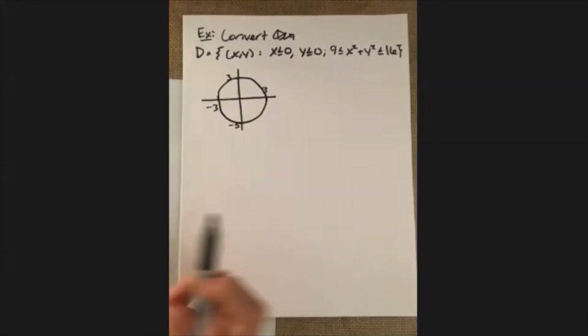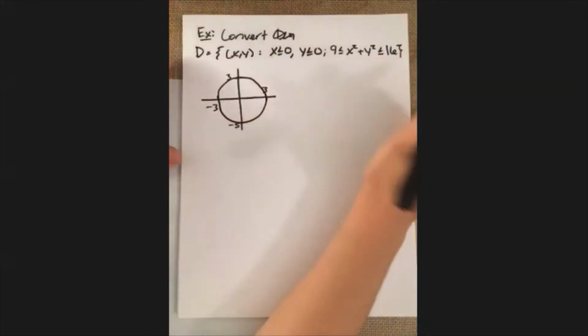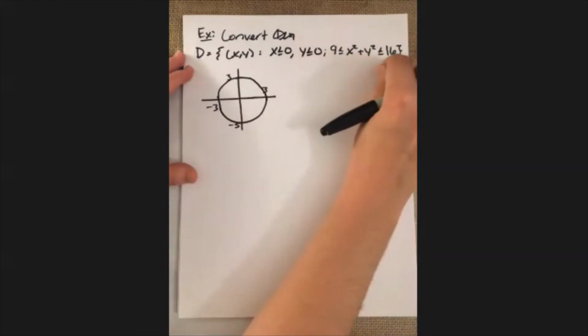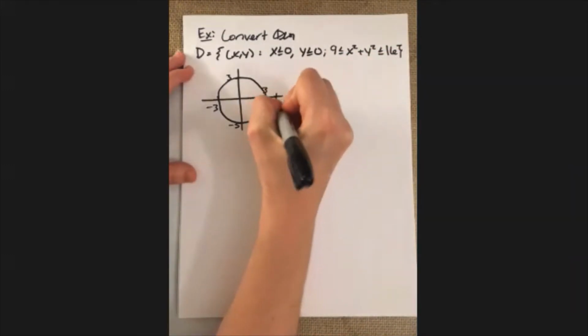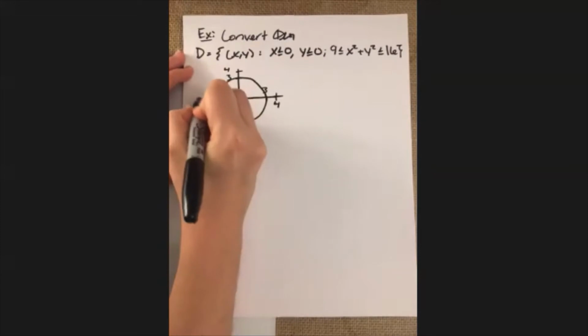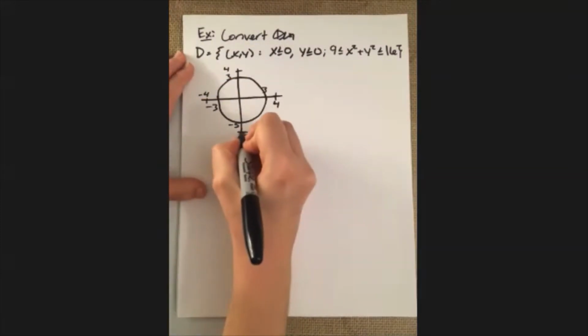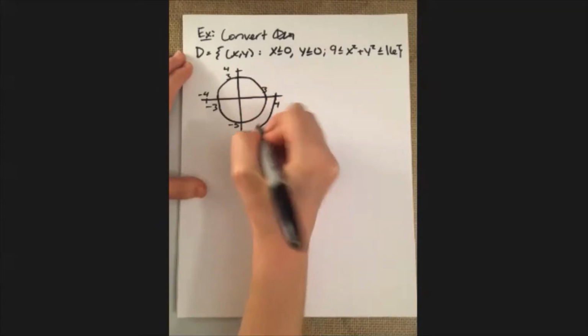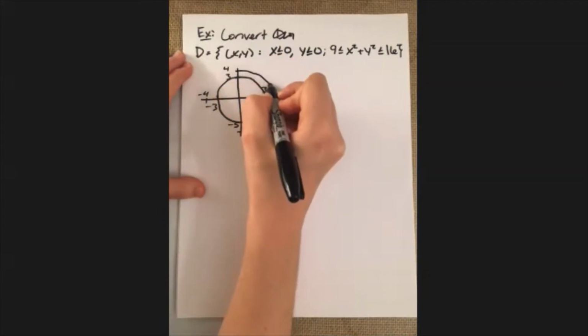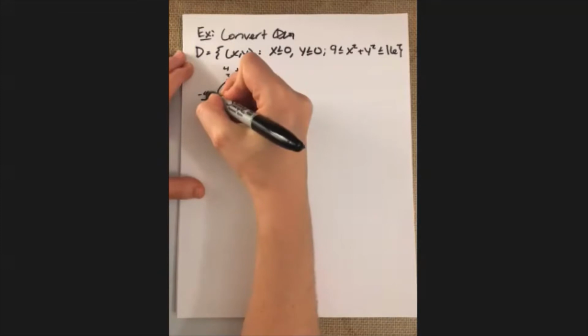Okay, but we also want it to be inside of a circle of radius 4, which is what that 16 would correspond to. So 4, 4, negative 4, and then negative 4 down here. So it'll look something kind of like this. So we want it to be between these two circles.